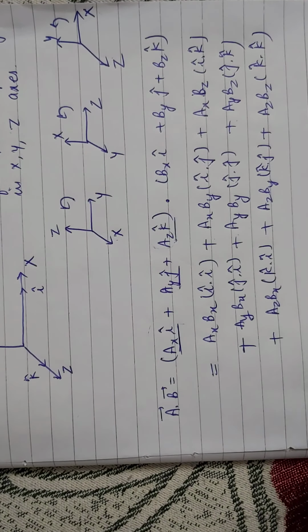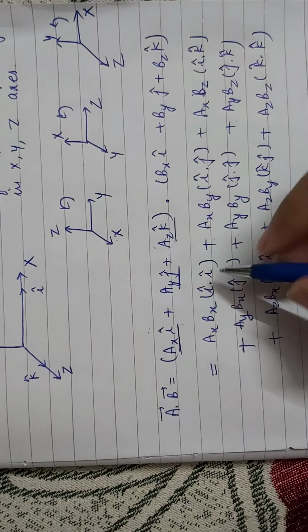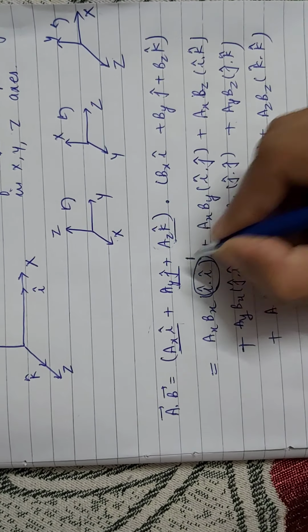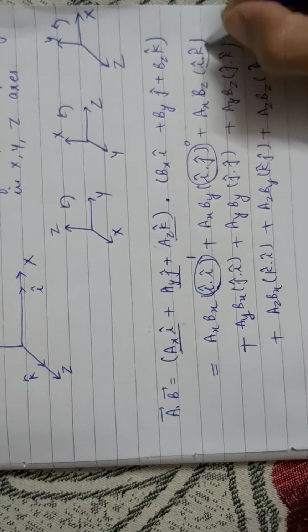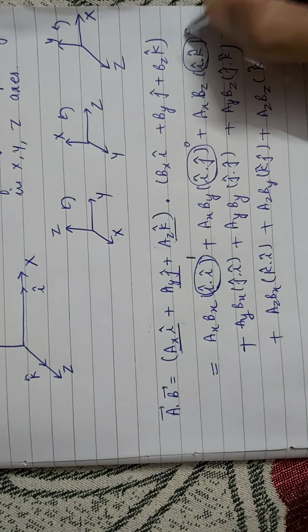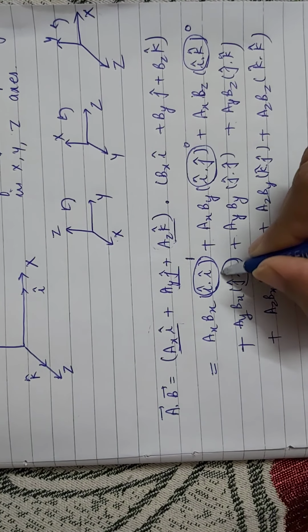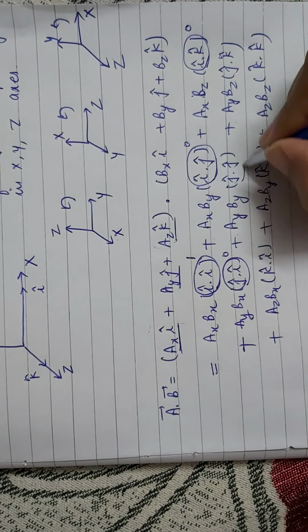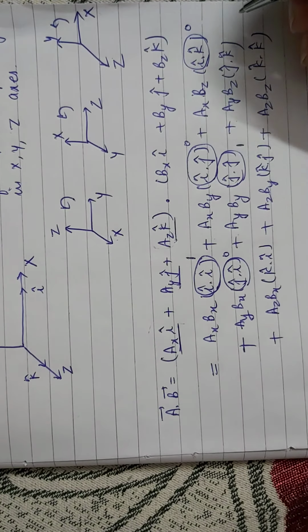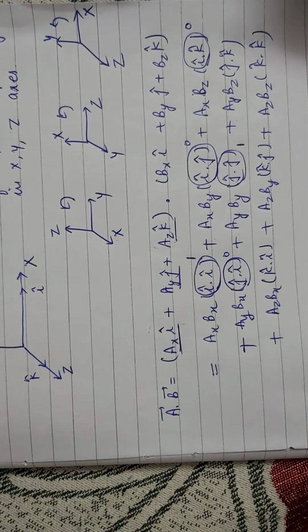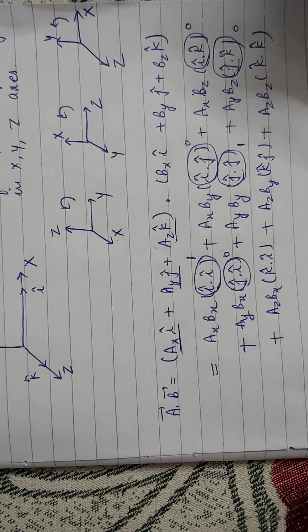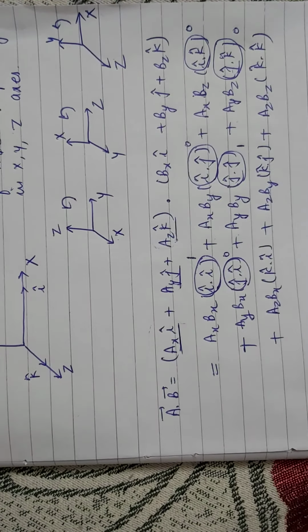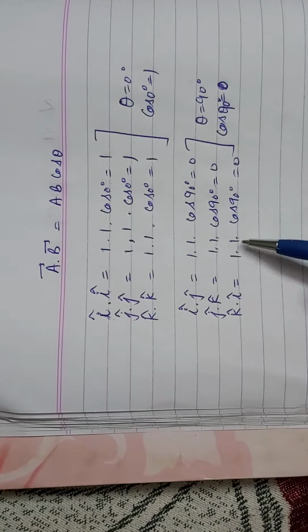Now we revise the dot products of i, j and k. i dot i, similar vectors, has product 1. i dot j, perpendicular vectors, has dot product 0. i dot k, perpendicular vectors, again 0. j dot i, perpendicular vectors, product 0. j dot j, product 1, since the dot product between similar vectors is 1. j dot k, again perpendicular vectors, product 0. This is the result we discussed on the earlier page, and we are using it here.